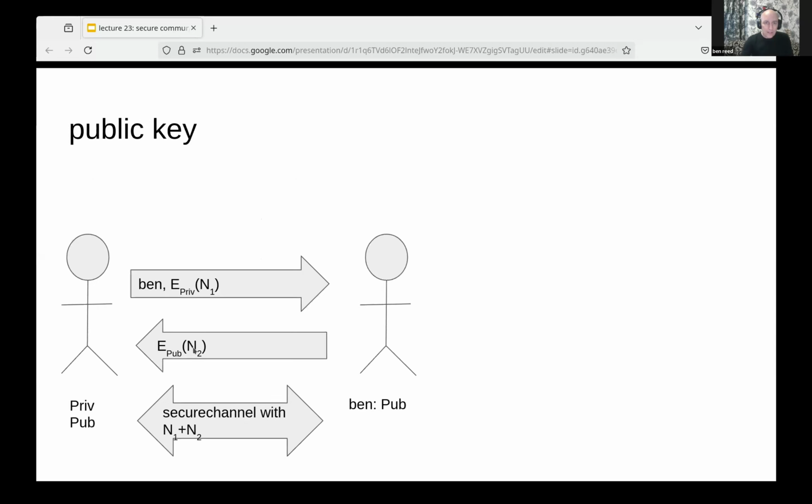So let's look at an example of the public key.